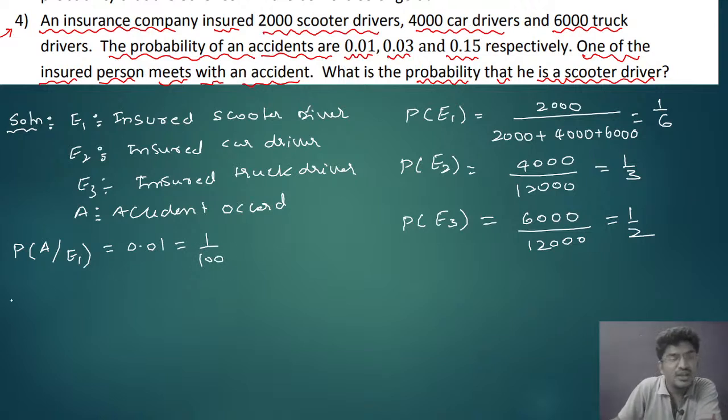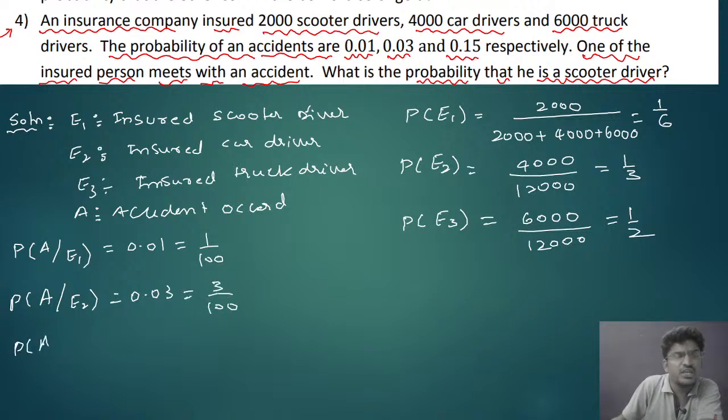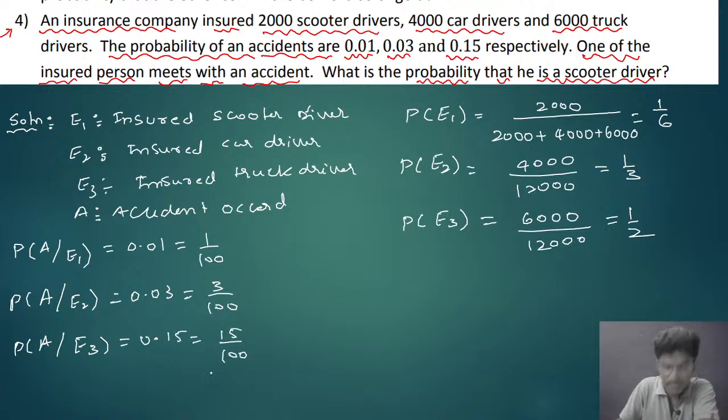For the car driver, it is 0.03, that means 3 by 100. For the truck driver, it is 0.15, that means 15 by 100.